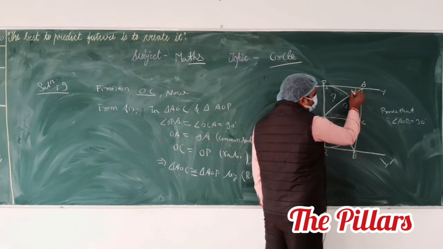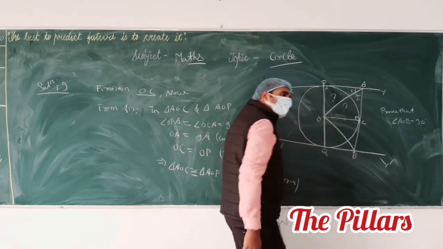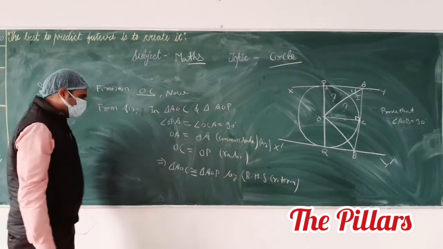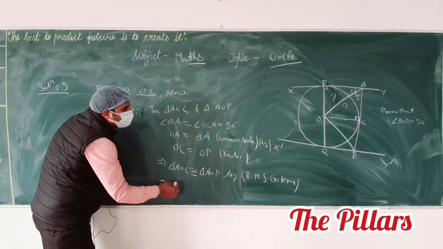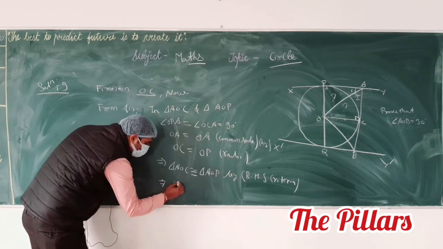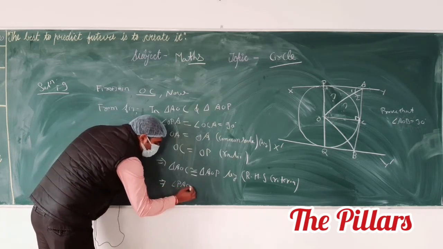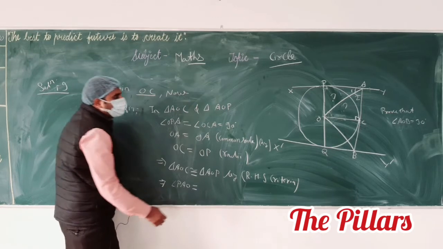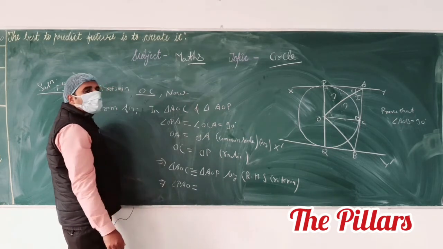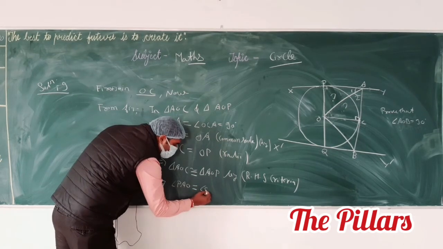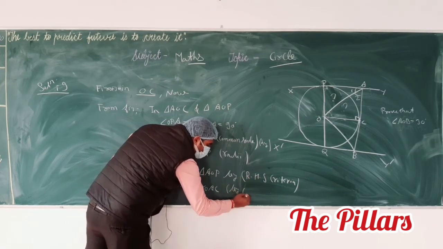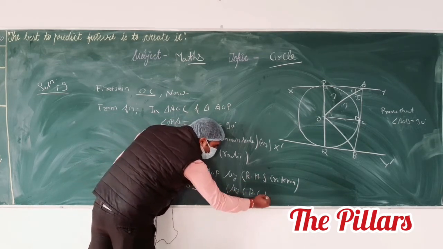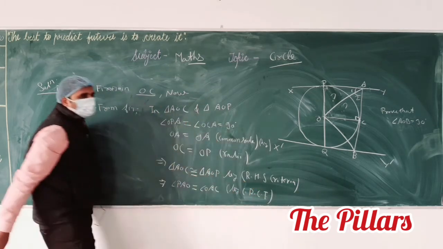This angle 1 equals angle 2 by CPCT. This implies that angle PAO equals angle OAC by corresponding parts of congruent triangles, CPCT.